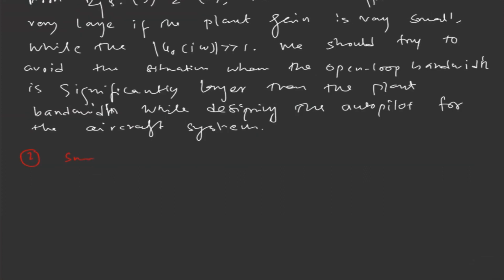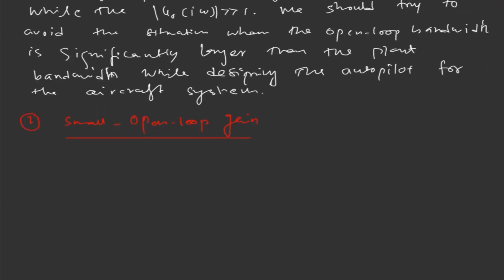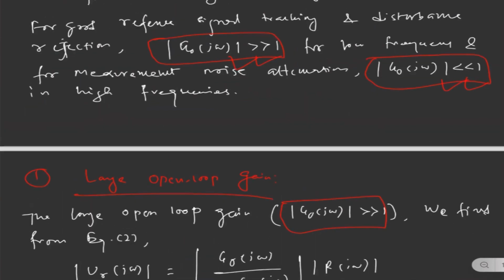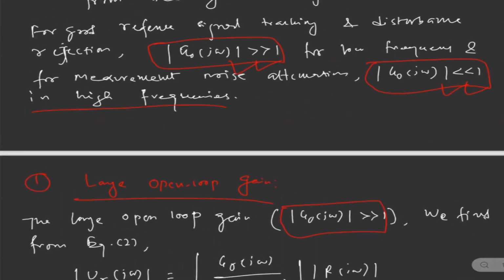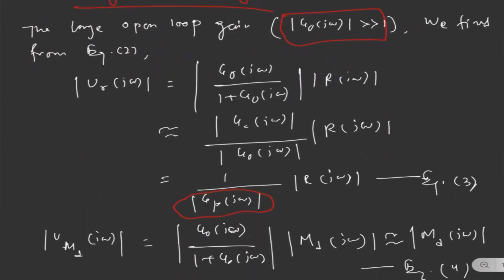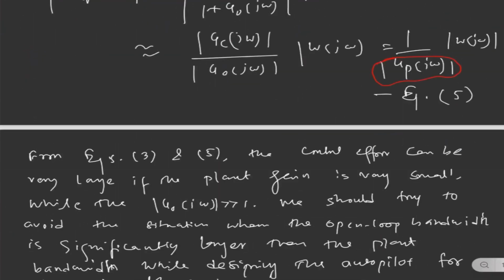As mentioned, the measurement noise typically has primarily high frequency content, and we try to make the open loop gain very small over those frequencies. Basically, this is the condition we have already derived.